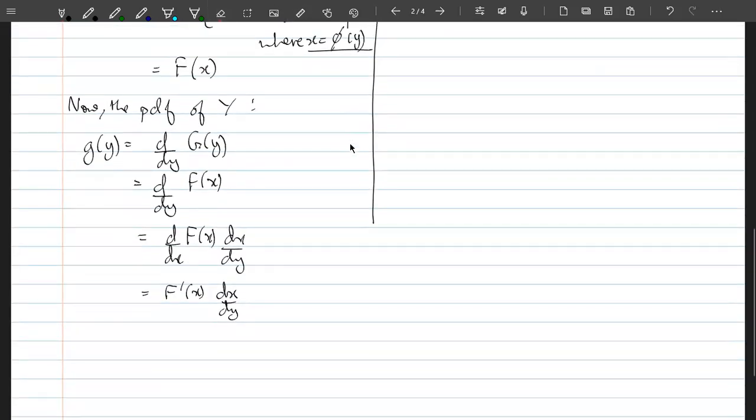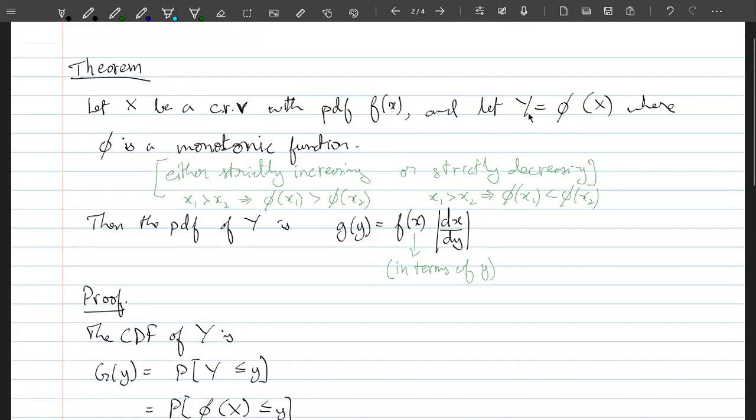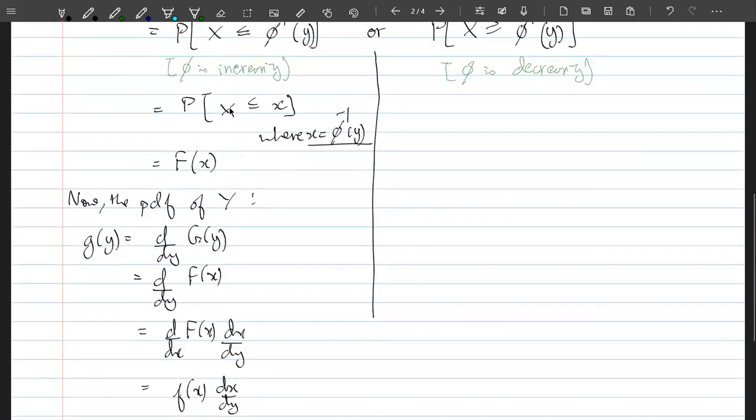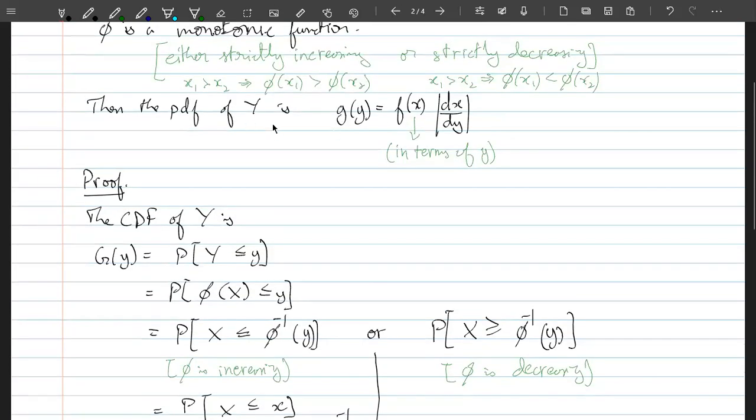Actually, I won't write F dash. You can directly write: what is the differentiation of the CDF? It is the PDF. So it is the PDF of x multiplied by dx/dy. Okay, so this is almost what we have here, only there is a modulus. Is that modulus a problem? No, because remember Y is an increasing function of X in this case, in the first case.